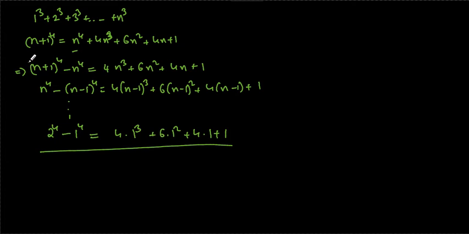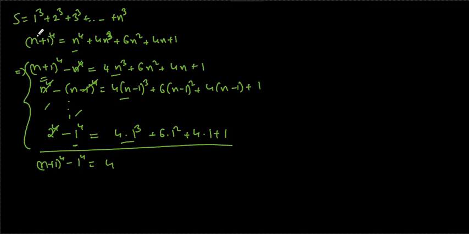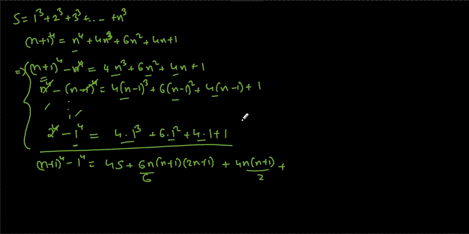If I add these n equations, telescoping occurs and we get (n+1)^4 - 1^4 is equal to 4 into S, this part is the summation, so 4S, plus 6 into summation of the first n squares, which is n(n+1)(2n+1)/6, plus 4 into sum of the first n natural numbers plus sum of n ones.